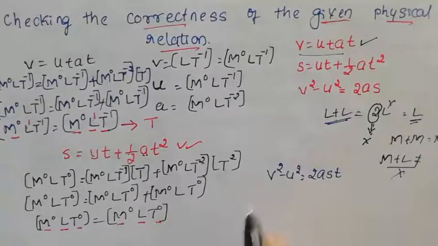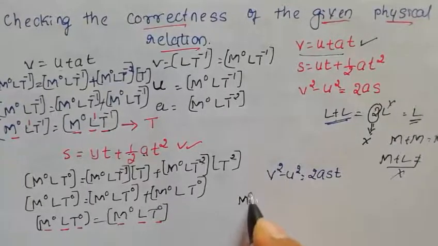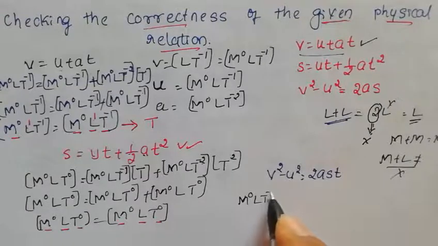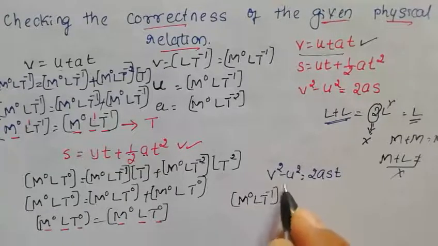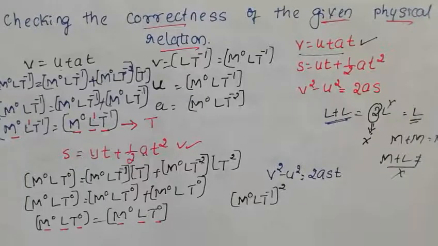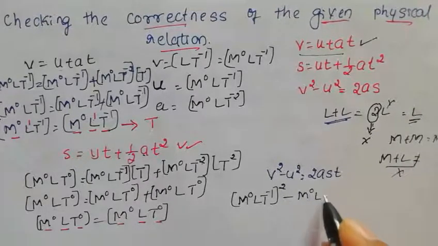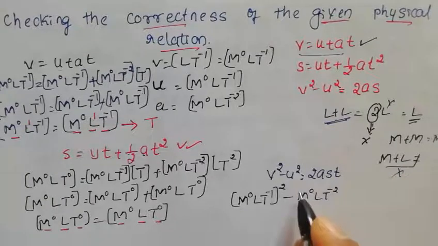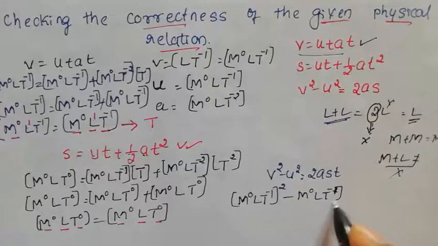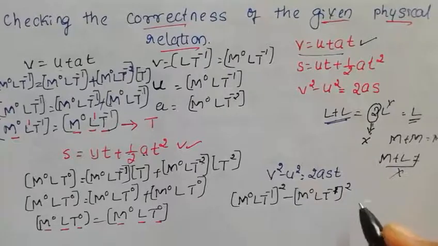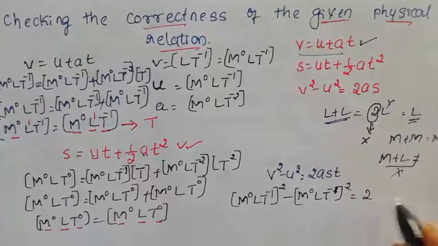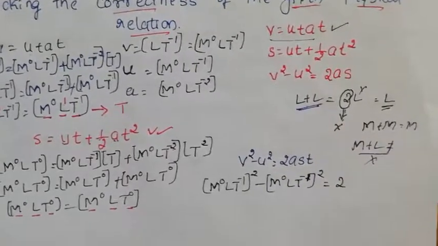V is velocity, M power 0, L, T to the power of minus 1 and its square, minus this one, M power 0, L, T to the power of minus 1, its square, equal to 2 into, acceleration is how much, students?